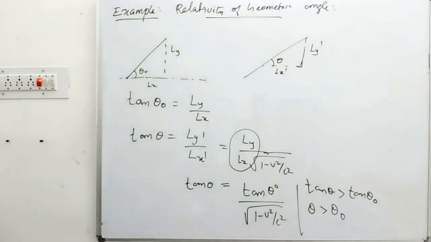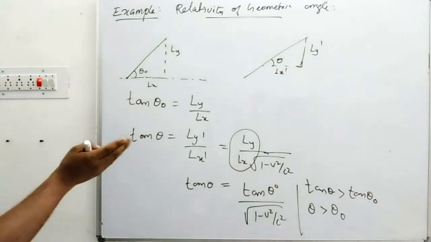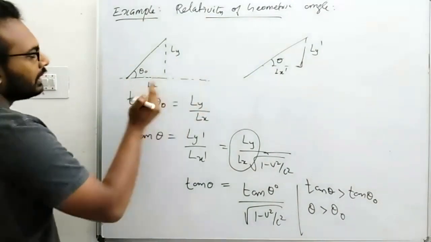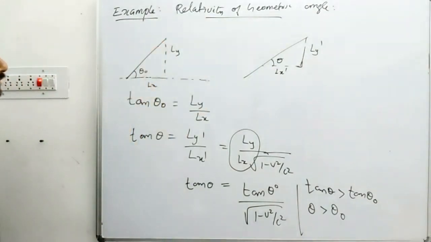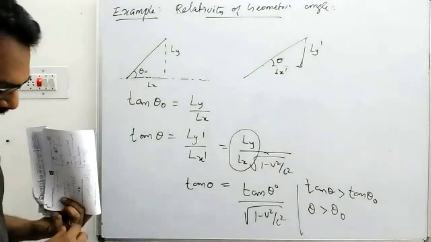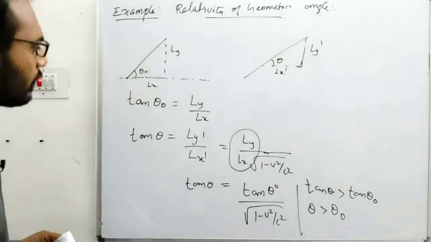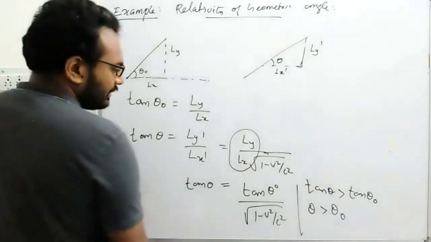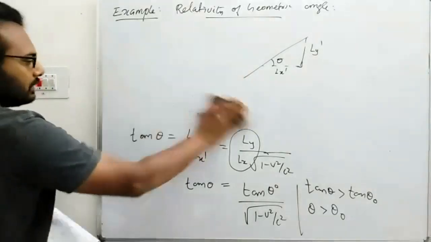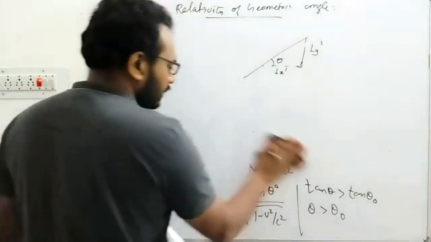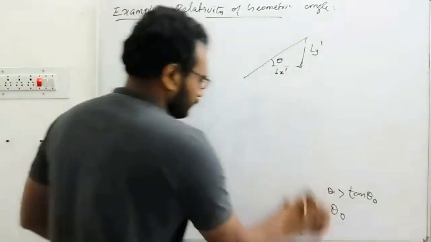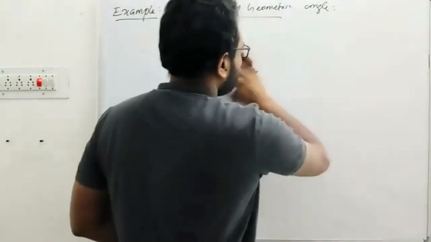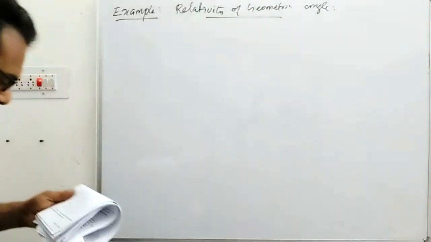So geometrical angle increases basically if the velocity in which you are moving has a component along the direction of length. So such questions can be asked. You know the method now, you can easily solve such problems. Is that clear? Is there any doubt? No, sir, it's clear.